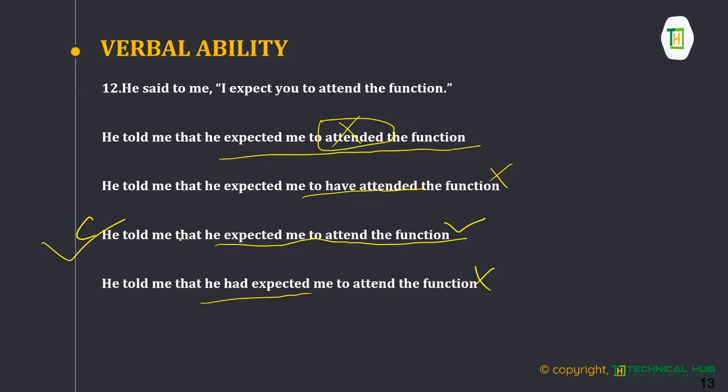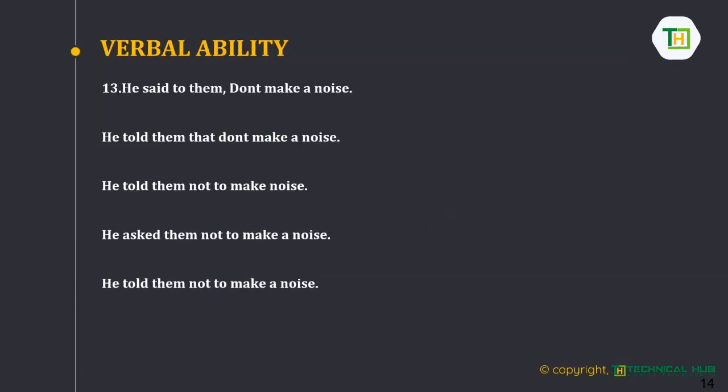So moving to the next one. He said to them, don't make a noise. So how can you change this? He told them that, no, don't make a noise. Wrong. He told them not to make a noise.